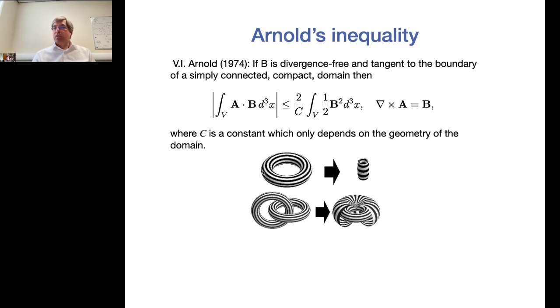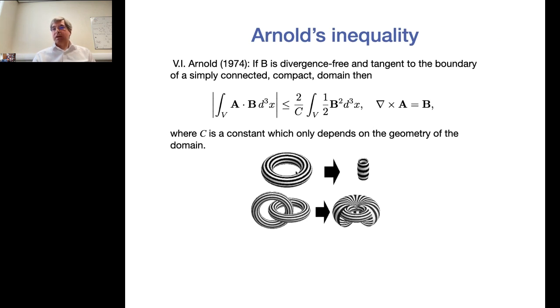If I want to illustrate what this inequality tells us, if we take again a simple flux ring, and we start off with an untwisted flux ring, then the helicity of that ring is 0, so the left-hand side of the inequality is 0. And that in principle allows that the right-hand side could also be 0. And indeed, if you try to reduce the energy of this flux ring, you could do that by shrinking the radius of that ring.